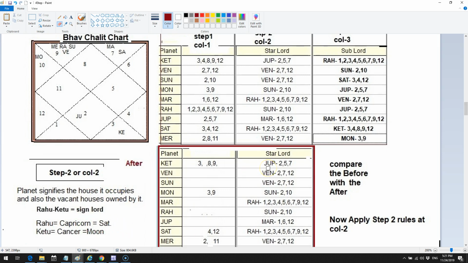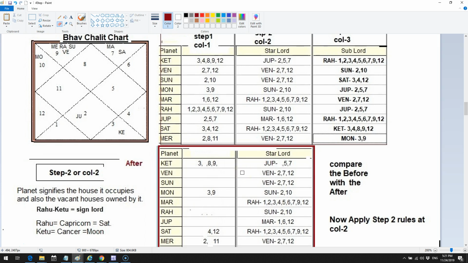Let's look at Jupiter. Jupiter is occupying the 7th house. And what are the houses it is ruling? That's the 2nd house and the 5th house, right? But you see that the 2nd house already has other planets occupying it, owned by Venus. So we are going to ignore the 2nd house, but we are going to retain the 5th house. So 7 and 5th. So we are going to remove this from here.